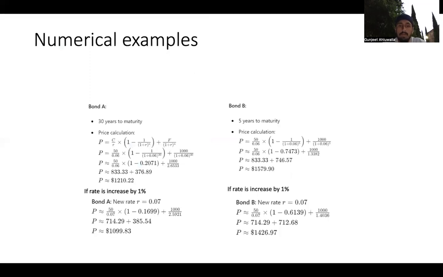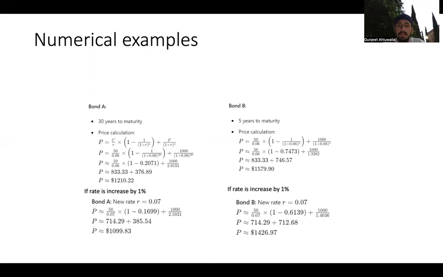In the provided numerical example, Bond A, with 30 years to maturity, is initially priced at $1,210.22, dropping to $1,099.83 when the interest rate increases by 1%.